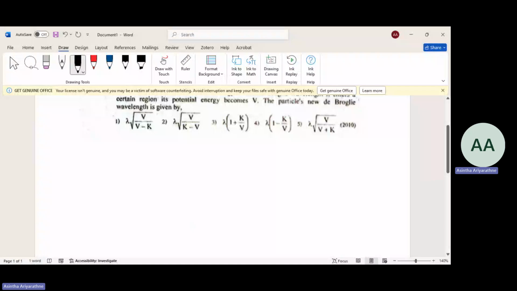We have lambda equal to h over mv, or h over p.